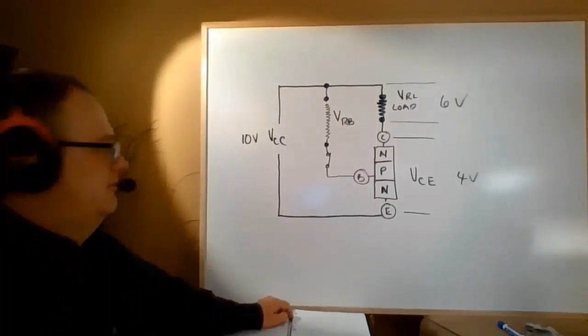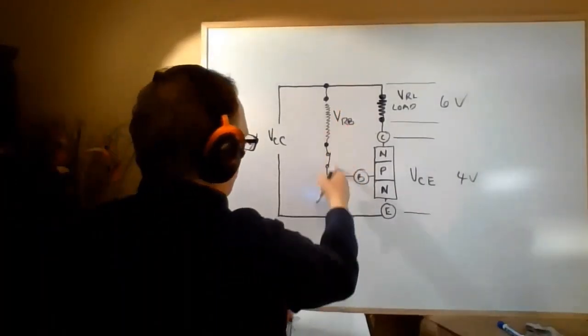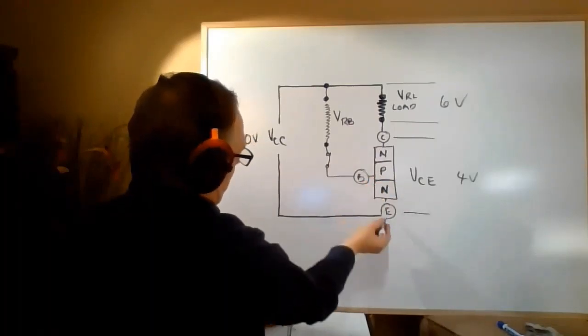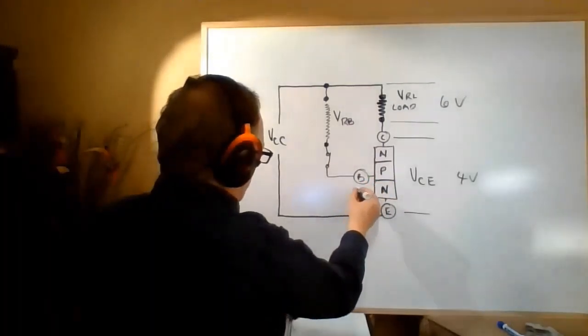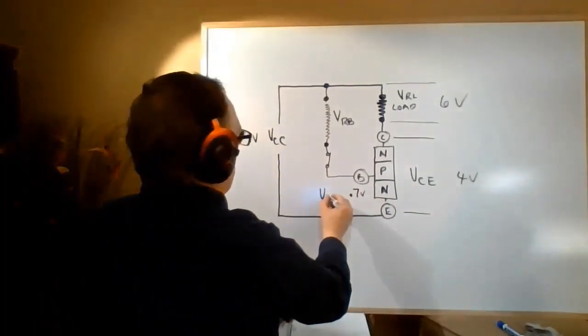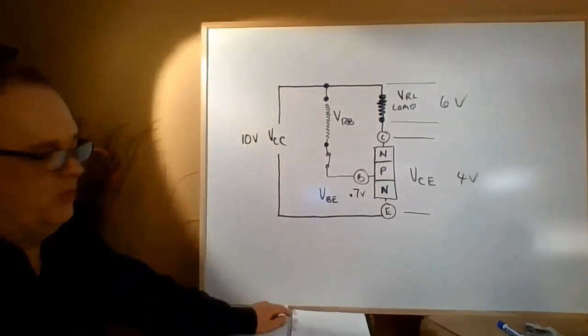And this voltage also is in series with the voltage of this junction. We've got a junction that we have to cross there. This voltage is 0.7 of a volt, and we call it VBE, and it's 0.7.